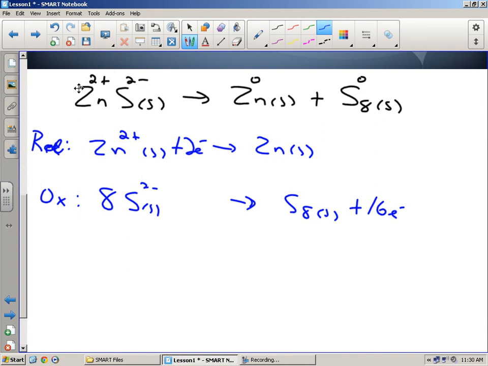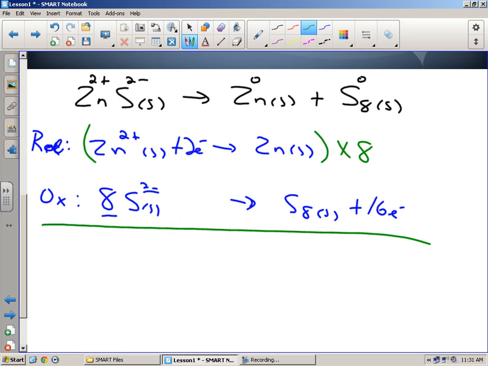Okay, I'll just finish this one up real quick. Just give me a sec. So 16 minus, right? To balance these two out, if I'm losing 16 electrons, I have to gain 16 electrons. So how would I figure that out? Times 8. Yes? Okay.